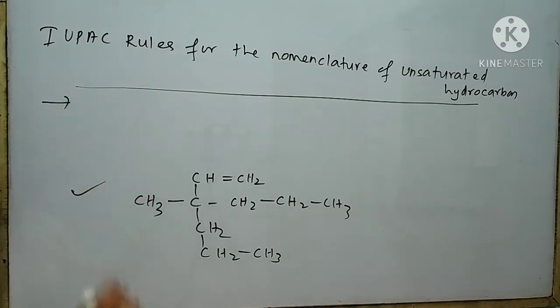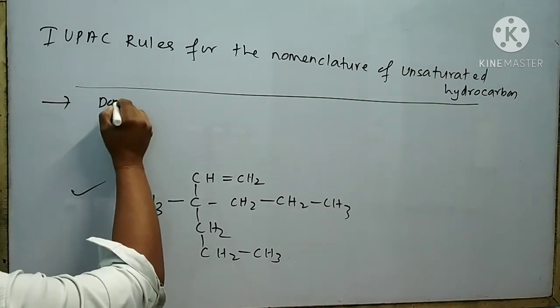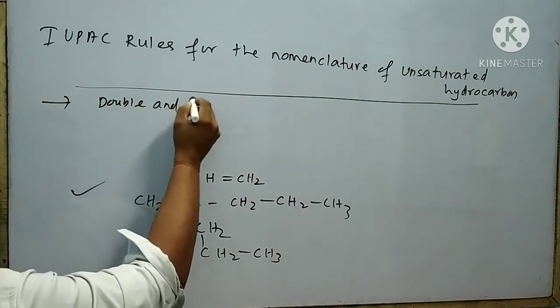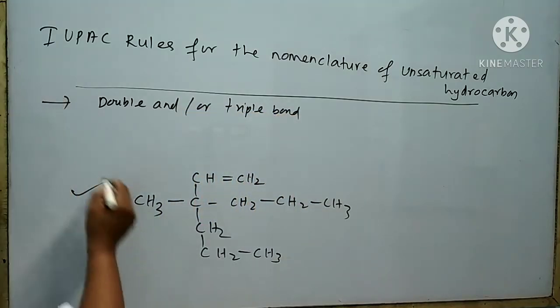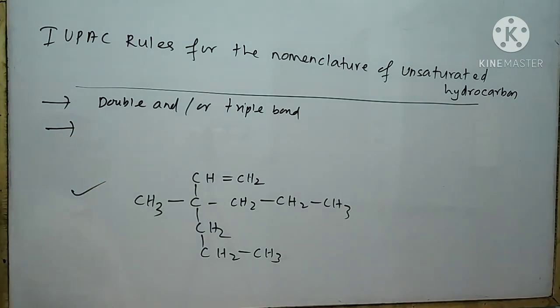At first, select the longest continuous carbon chain containing the carbon atoms involved in the double or triple bond. Second rule, it may be noted that the selected chain may or may not be the longest chain, but it must contain the double or triple bond carbon.